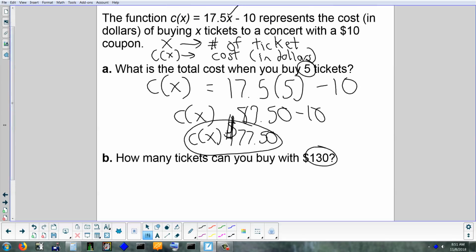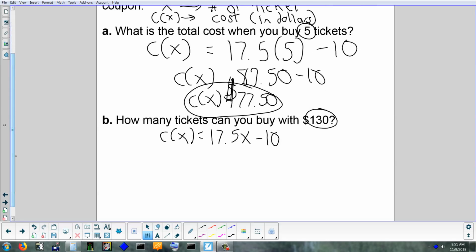C of X, like Donovan just taught, it's C of X equals minus 10. There it is. Like Donovan just told us, C of X is becoming 130. Everything else doesn't change. It's not giving us tickets. Tickets was X. It's giving us the total amount, which was C of X.